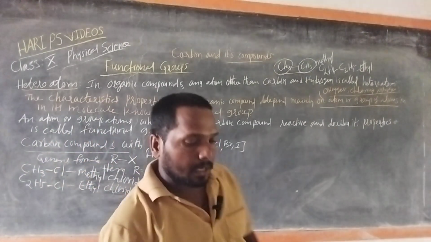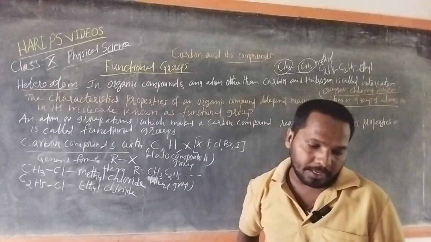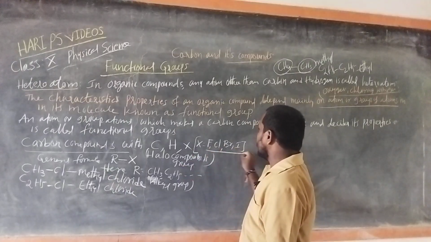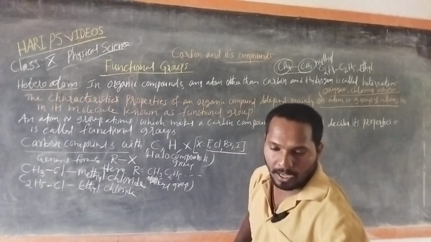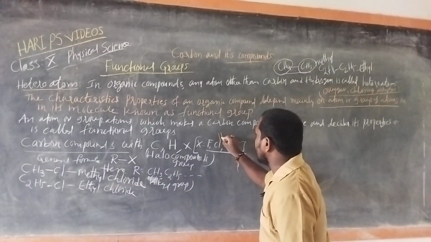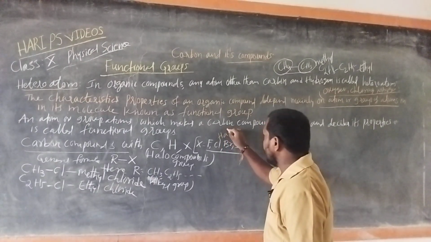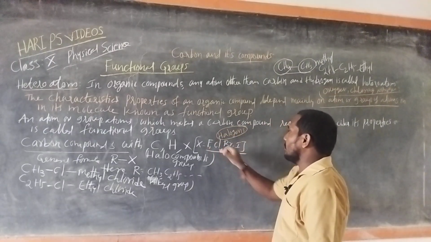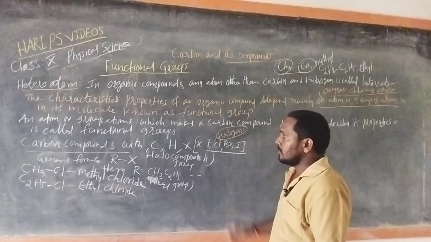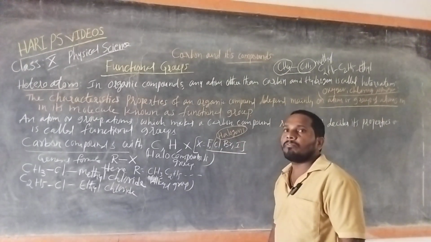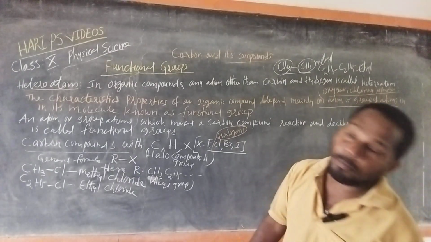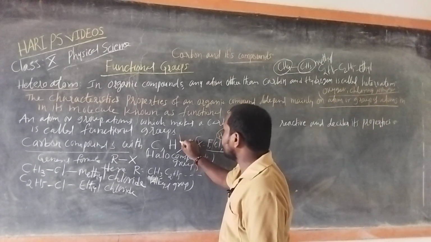Any such organic compound has halogens. Fluorine, chlorine, bromine, iodine are called halogens in the periodic table. So these are the halogen functional group, or simply the halo group or halogen group.